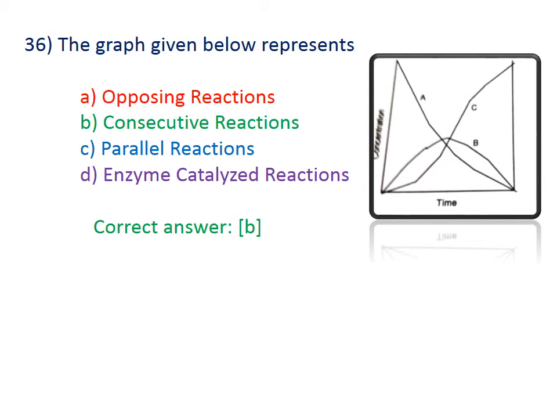And you consider B, the B is an intermediate. The concentration of the intermediate B increases to a maximum value and then decreases. It is present in the curve B. But you consider the concentration of C, it slowly increases to a maximum, that is present in the curve C. Therefore, the graph indicates the consecutive reaction. Correct answer is B.